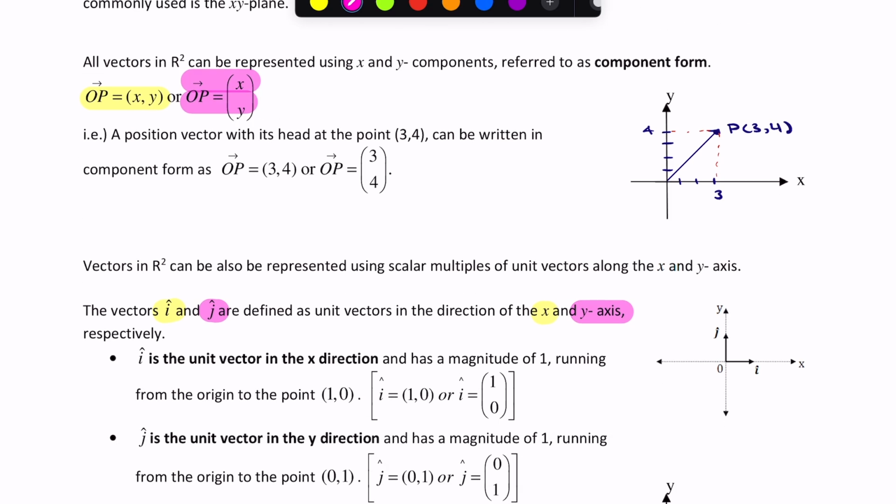It has a magnitude of 1, running from the origin to the point (1, 0). So i is equal to (1, 0) in coordinates, or in component form.